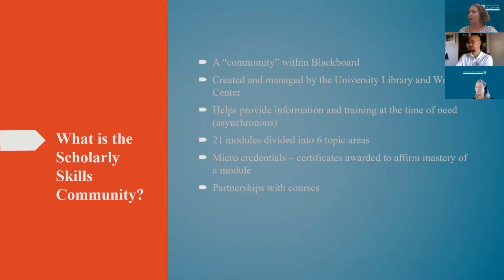There are 21 modules in the scholarly skills community, and we've divided those into 6 topic areas, which we'll talk about in a minute. And we also have micro-credentials through the scholarly skills community. In this case, by micro-credentials, what we mean are certificates of completion that are awarded to affirm your mastery of a module. So what that really means is that at the end of each module, there's an assessment.